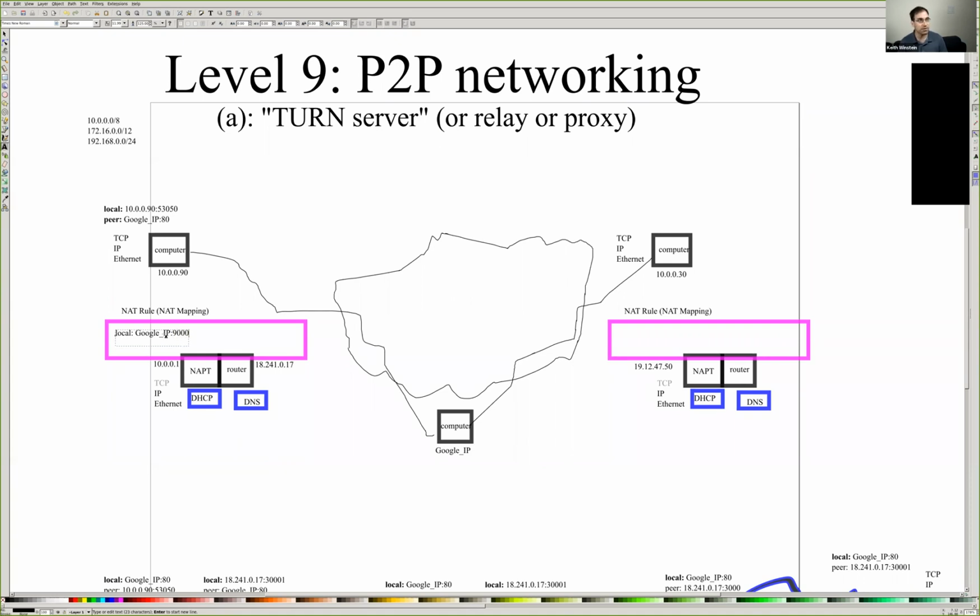So we'll call it 9000. Google IP port 9000. Okay. And this computer also opens a socket connected to Google IP port 9000 from port 30. We'll just call this port 10,000.